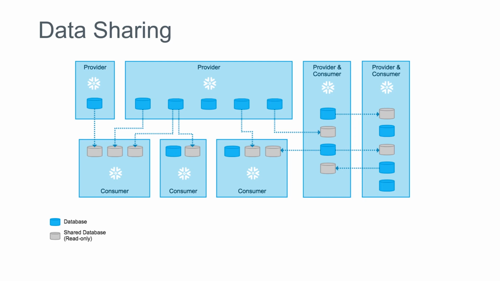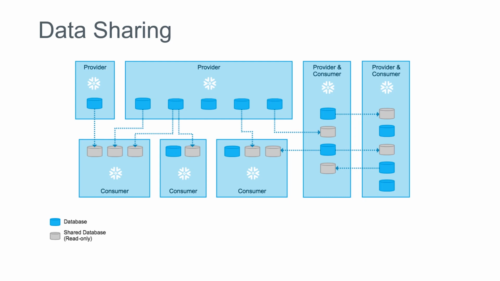If you see this box here, there are so many databases. This provider has so many databases in his account. He is sharing one database with this consumer, this database with this consumer, and these databases with other consumers.